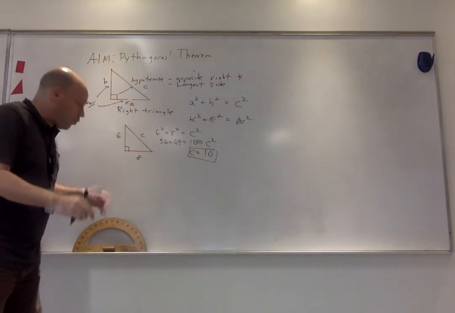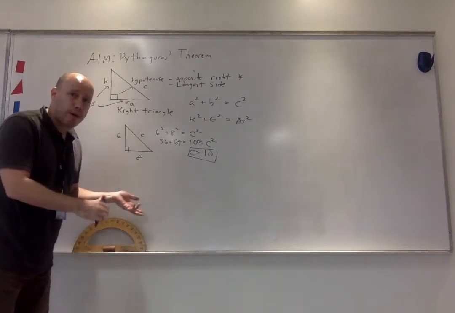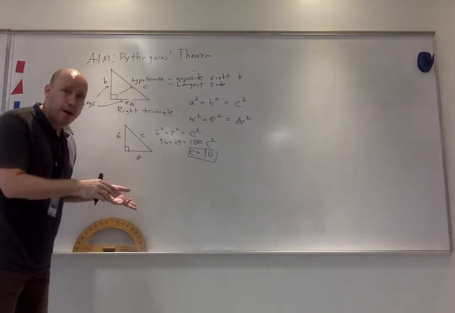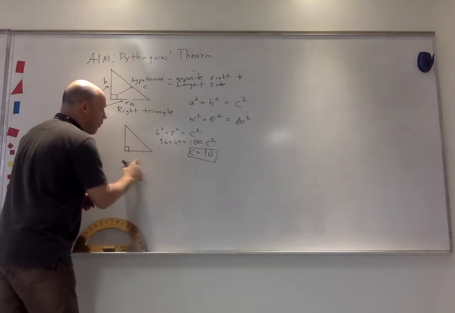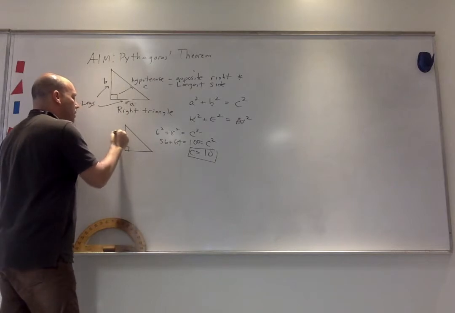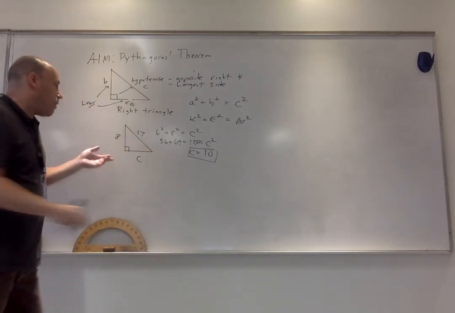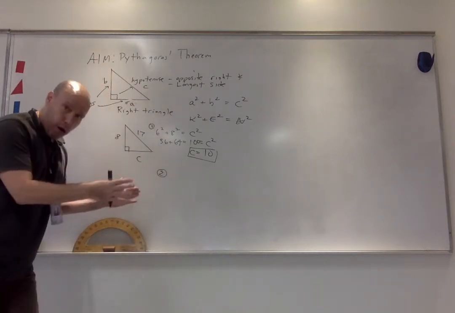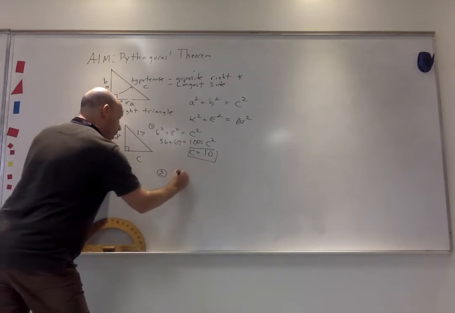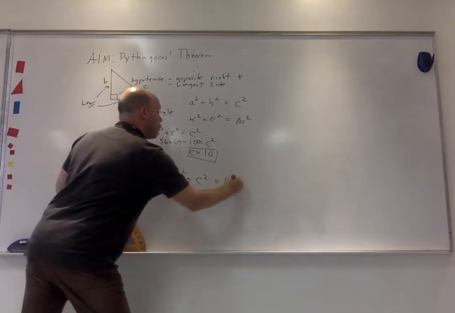Sometimes the numbers aren't so pretty, right? So I'm going to erase the numbers. You rewrite the triangle. Pause the video and rewrite the triangle over. How about we use 8, 17, and C. So this was the first question. The second question, find the leg. So you say, okay, leg squared plus leg squared equals hypotenuse squared.